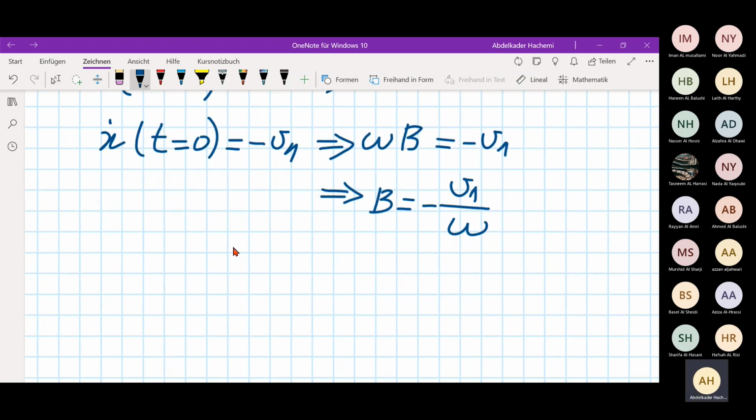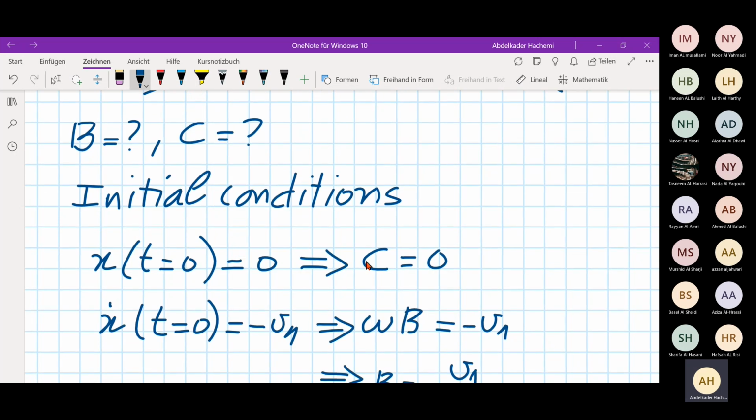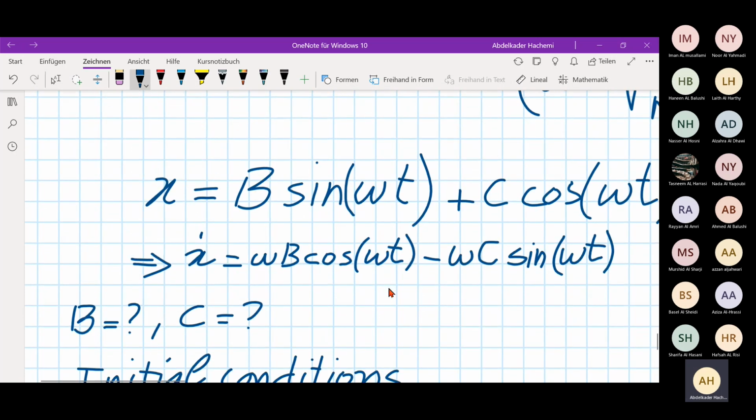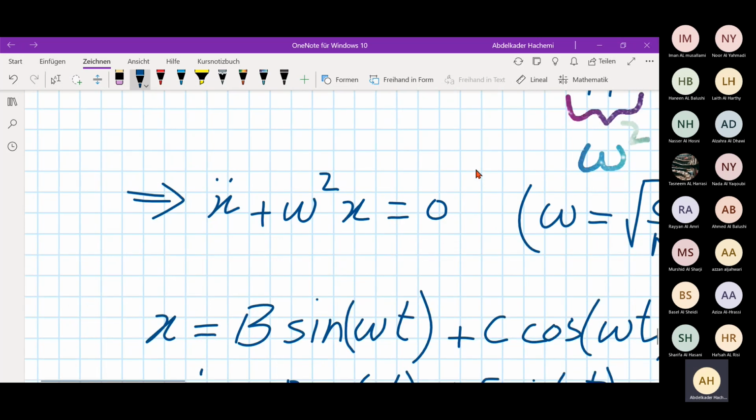Then we replace c and b in the expression of x, the solution of the differential equation.